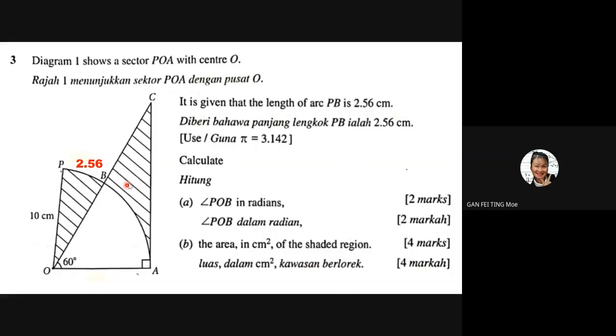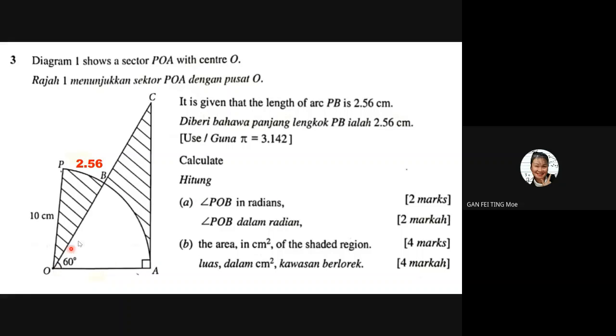Ini dia berlorek, dia hendak 2 keping ini sahaja. So nanti kita akan tengokkan bagaimana kita nak dapatkan sudut ini, bergantung pada formula. Lepas tu untuk B kita nak cari area. Mula-mula kamu anggapkan ini sebagai satu keping rajah yang diberi, lepas itu yang kamu tak nak adalah yang warna putih ini.